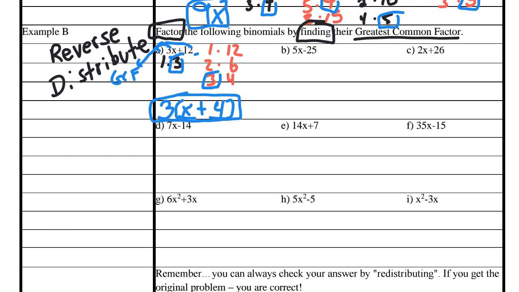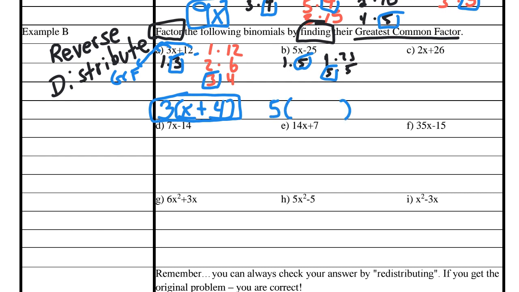Okay, let's try B. So break down your numbers. So 5 can be broken down into 1 and 5, and 25 can be broken down into 1 and 25 and 5 and 5. So my greatest common factor is 5. So I'm going to write that in front, wrap it around parentheses.